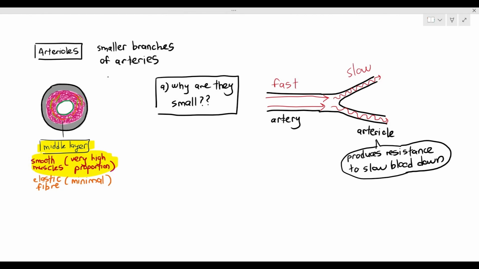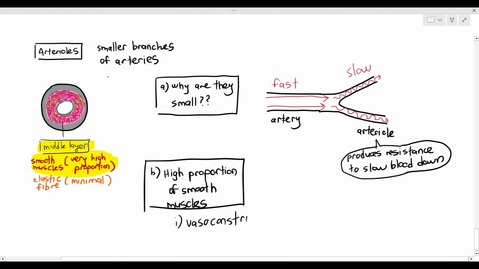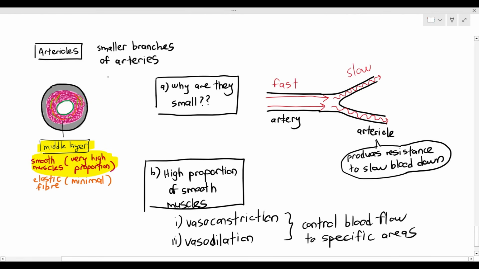The reason will be explained when we talk about capillaries in the next video. And last but not least, it also has a high proportion of smooth muscles so that it's able to do vasoconstriction and vasodilation. Just like we saw a few minutes ago, these two processes help to control blood flow to specific areas in our body.